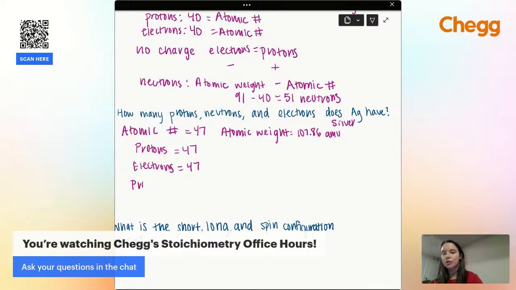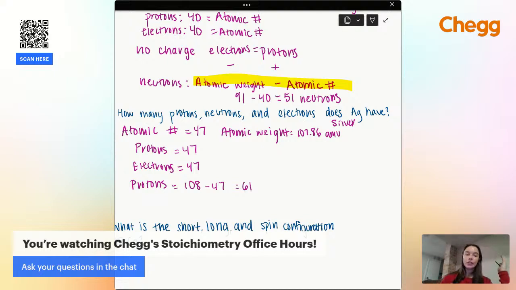And for neutrons, remember up here what our formula is: atomic weight minus atomic number. So you would do 108. This time we're rounding up because that 0.8 indicates to round up. So 108 minus 47, we put that in the calculator and we get 61.